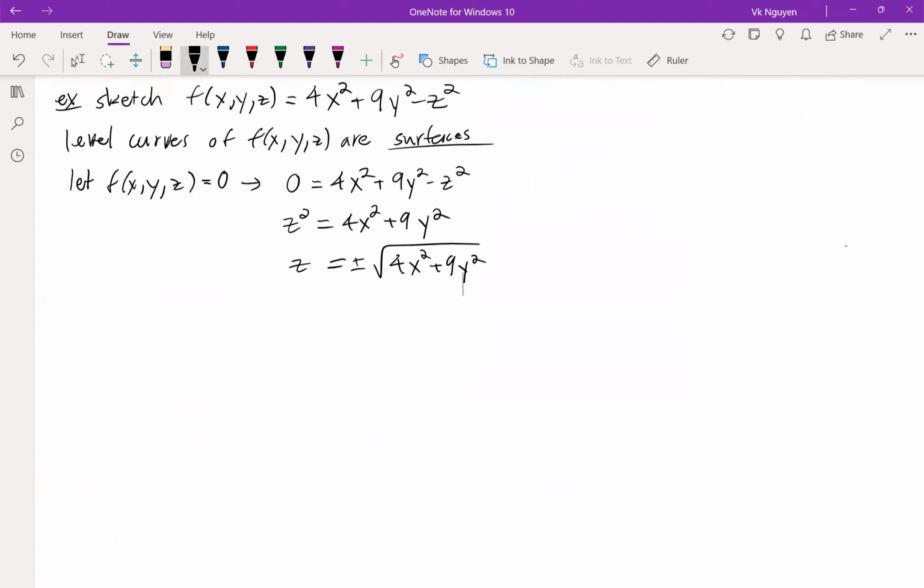So level curves of, now we do two-layer level curves, of z equals f(x,y).